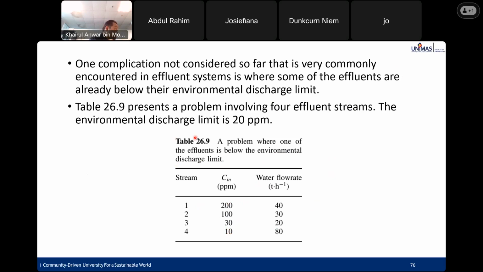This table is different from table 26.8.